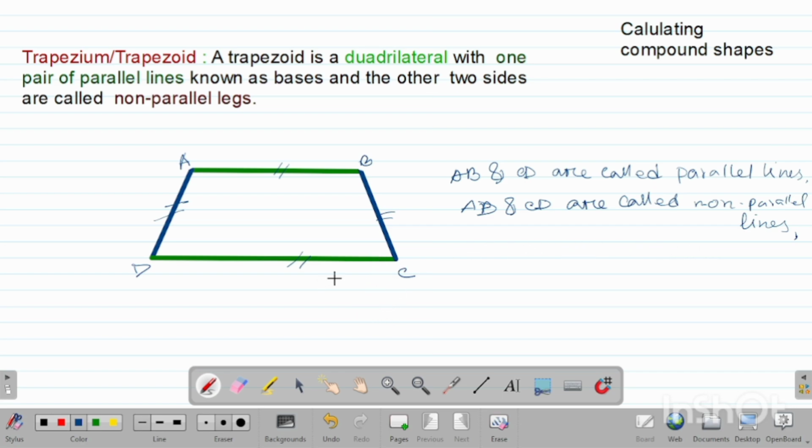To find out the area of the trapezium, we have to draw the height of the trapezium. Let's draw two heights. One height is AE, which is perpendicular to CD, and another height is BF, which is also perpendicular to CD.